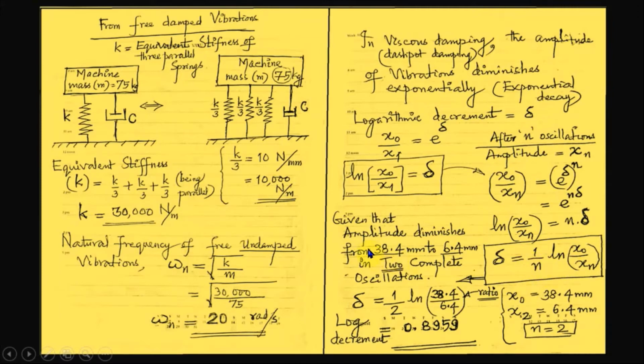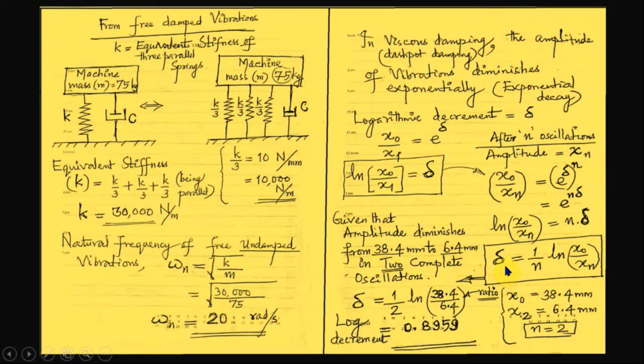So here it is given that the amplitude diminishes from 38.4 mm to 6.4 mm in 2 complete oscillations. So here n is equal to 2 and x0 you can take 38.4 and xn, that is x2, that is 6.4.